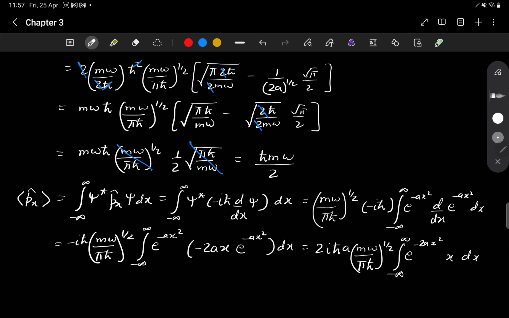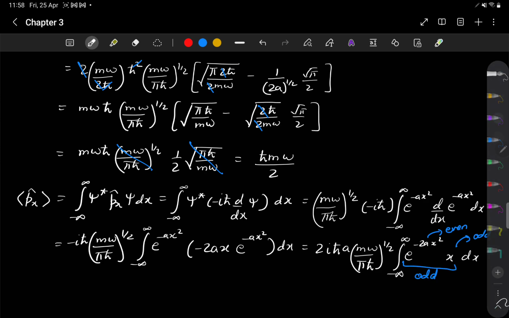Now this again will turn out to be 0 because it's an odd function. So this function is odd, this function is even, the product of an even and an odd function is odd, and hence the integral turns out to be 0 because the integral of an odd function over entire space is 0.